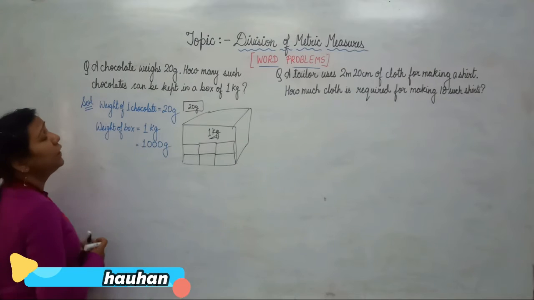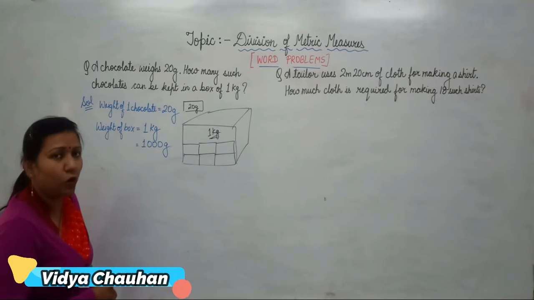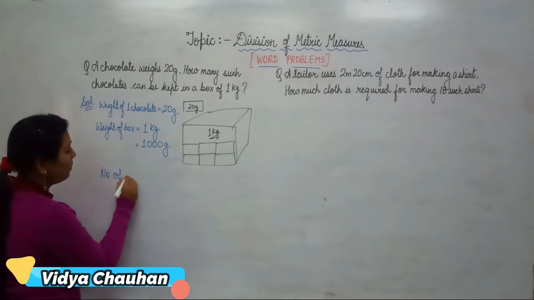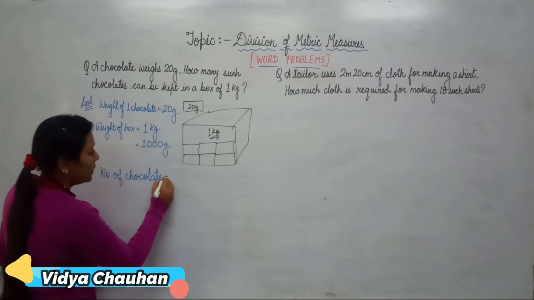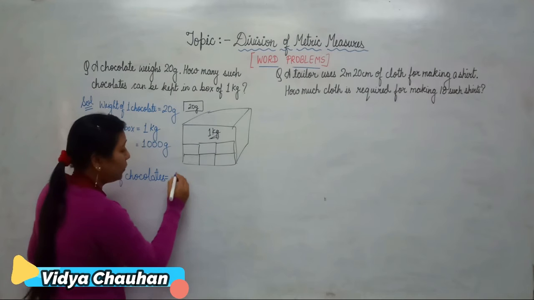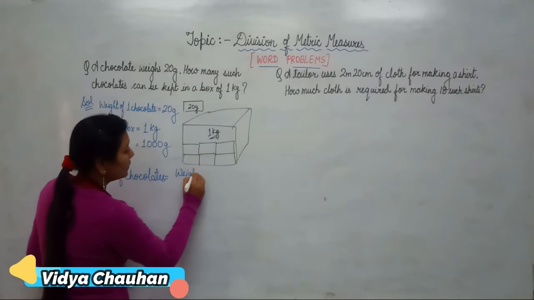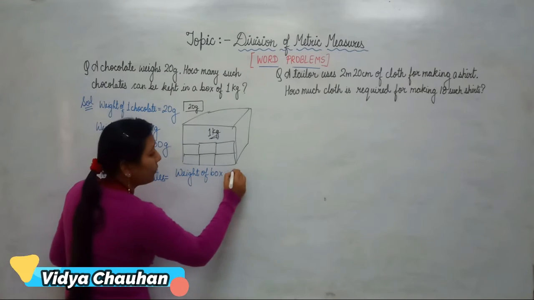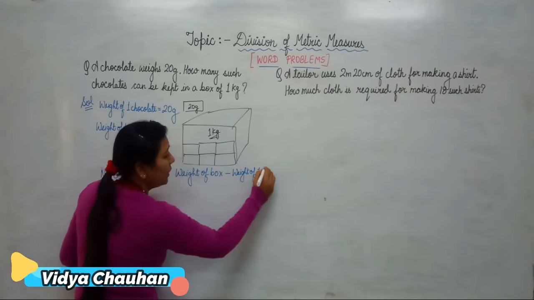Now, in the next step, you have to find the number of chocolates which you can put in the box of 1 kg. So you will write number of chocolates. The number of chocolates that we can keep in this box of 1 kilogram is equal to the weight of the box divided by the weight of one chocolate.